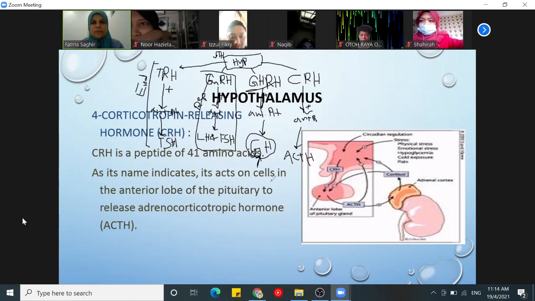This one will go to stimulate the adrenal gland, so that's why the name adrenal. So corticotrophic releasing hormone from hypothalamus stimulates the anterior pituitary. So far, four of them stimulate the anterior pituitary to secrete ACTH, adrenocorticotropic hormone. 1, 2, 3, 4.